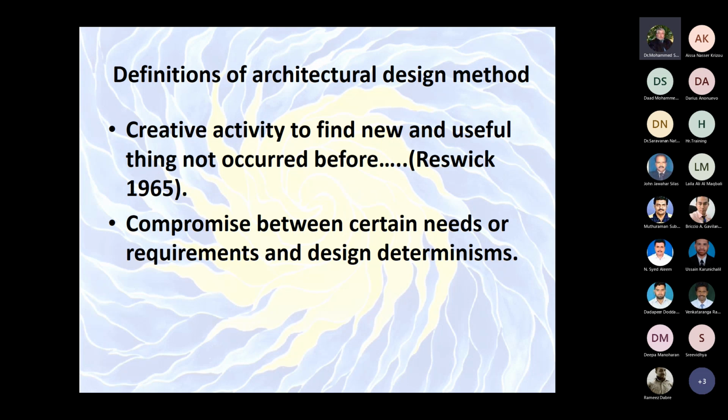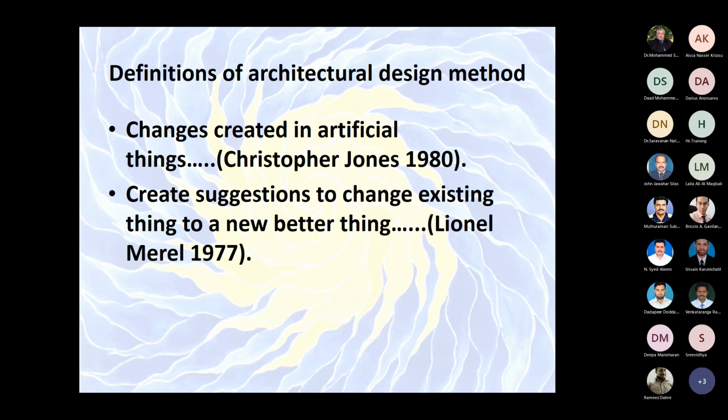It is a creative activity to find a new and useful thing not occurred before, or it is a compromise between certain needs or requirements and design determinisms. Or it is a change created in artificial things, or a suggestion to change an existing thing to a new, better thing.